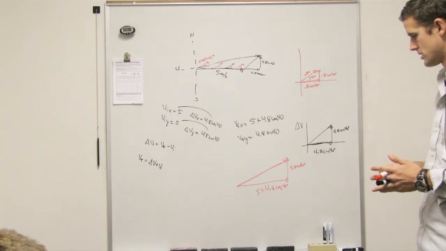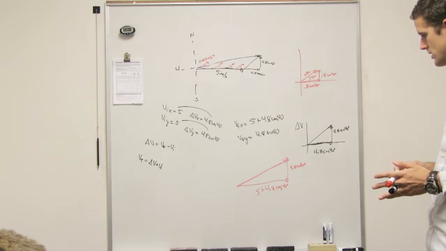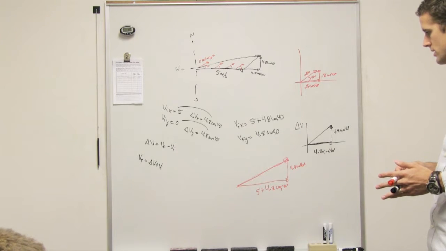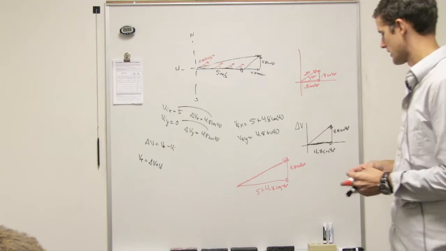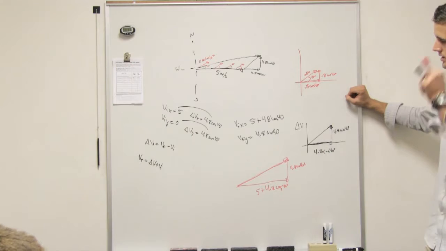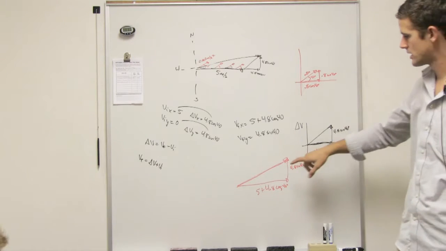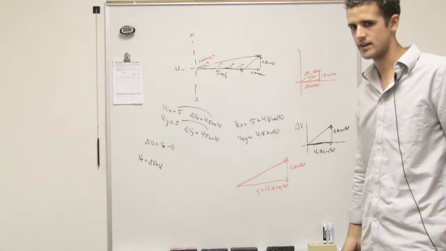So you do like 5 plus 4.8 cosine 40 squared, plus 4.8 sine 40 squared. That'll give you the hypotenuse squared, you just take the square root of that. Then you have your right answer. So that would be the speed. So if you could throw that in your calculator and figure it out really quick.